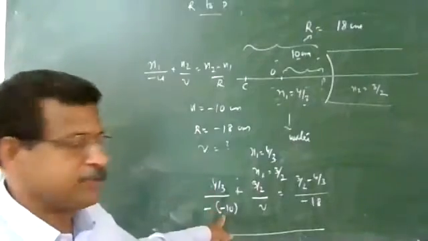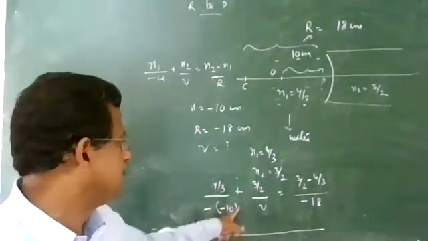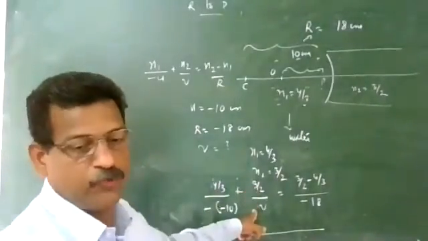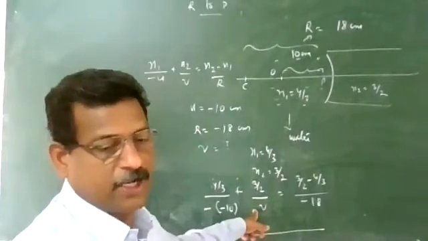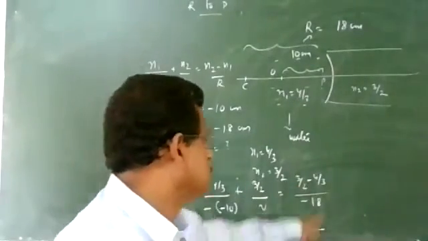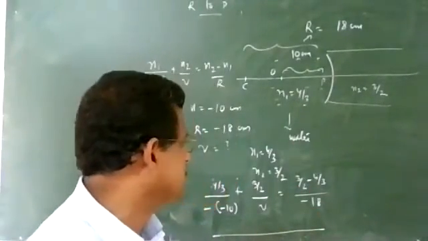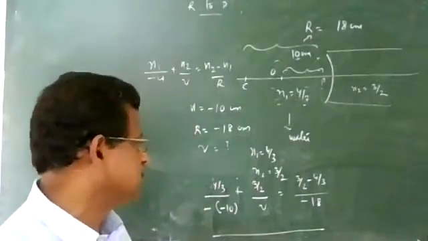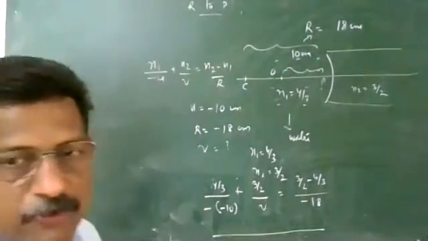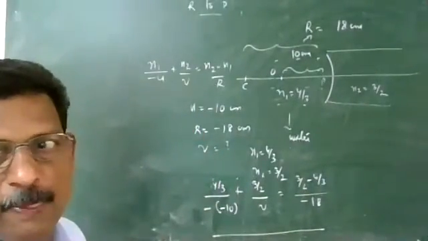Four by 3 into 10 plus 3 by 2V, and here 6 will become the denominator: 9 minus 8 is 1, divided by 6 into 18. Simplify and tell me the value of V.